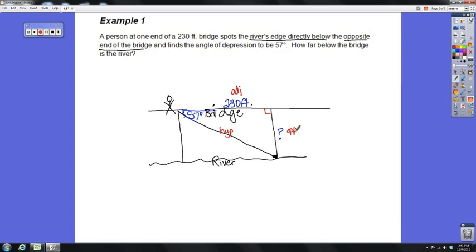So what I'm looking for is opposite, and I have the adjacent. Opposite and adjacent is tangent, so I'm going to use tangent of my angle, 57 degrees, equals opposite, I'll just call that x, over adjacent, which is 230.